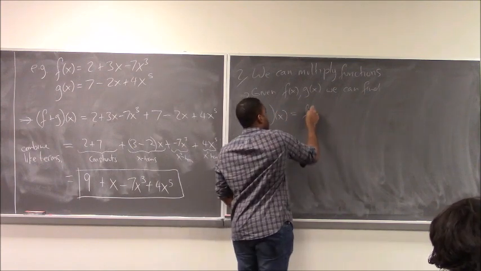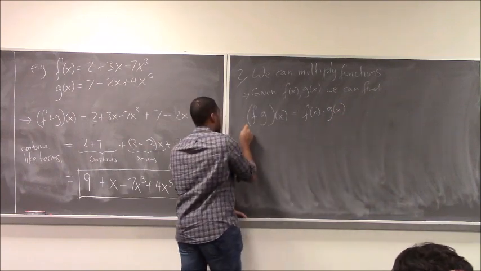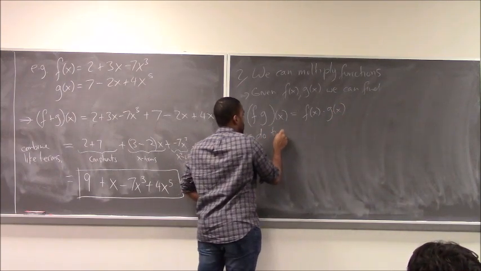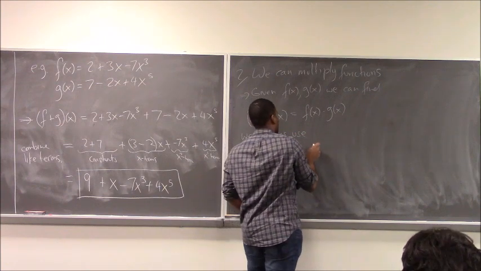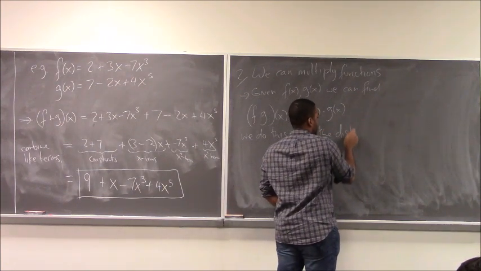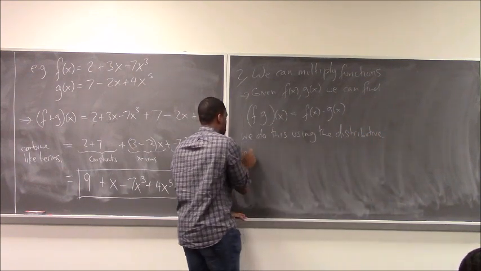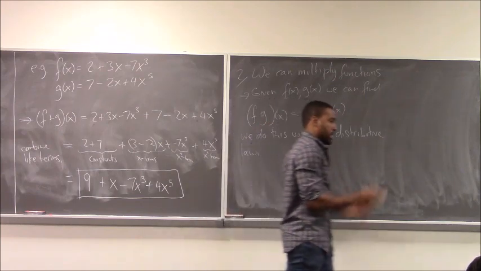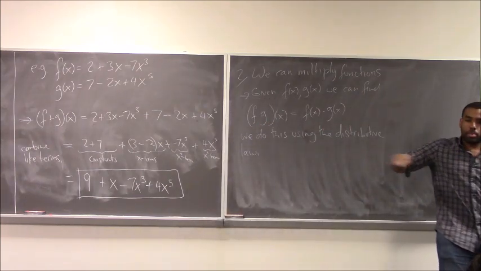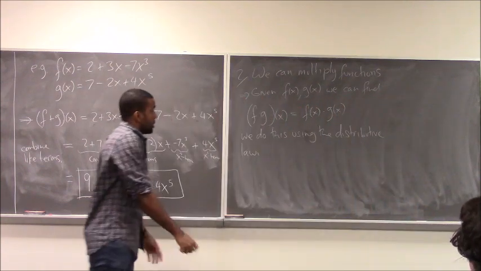And this is equal to f of x times g of x. We do this using the distributive law, right? So basically that means you take each term in one of the functions and you multiply each other term in the other function, and then you add all the answers together.